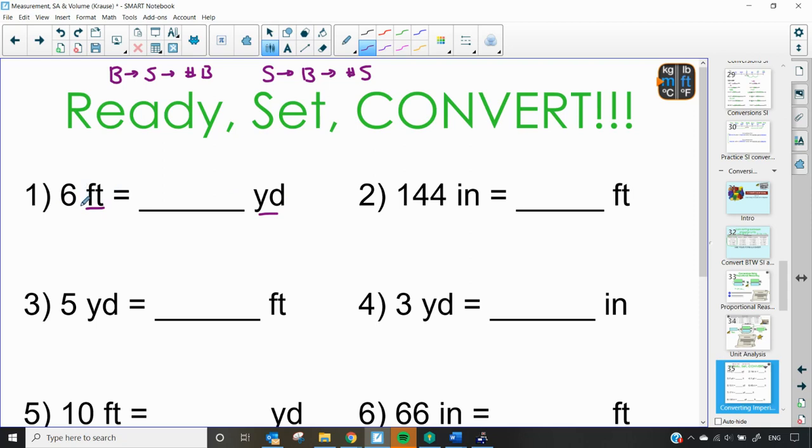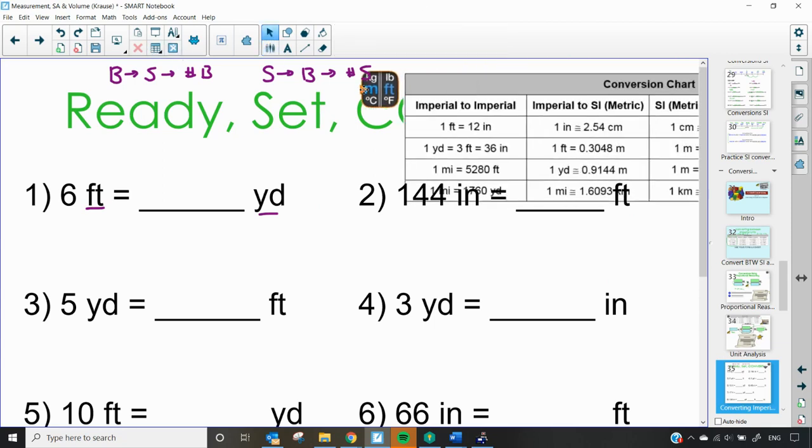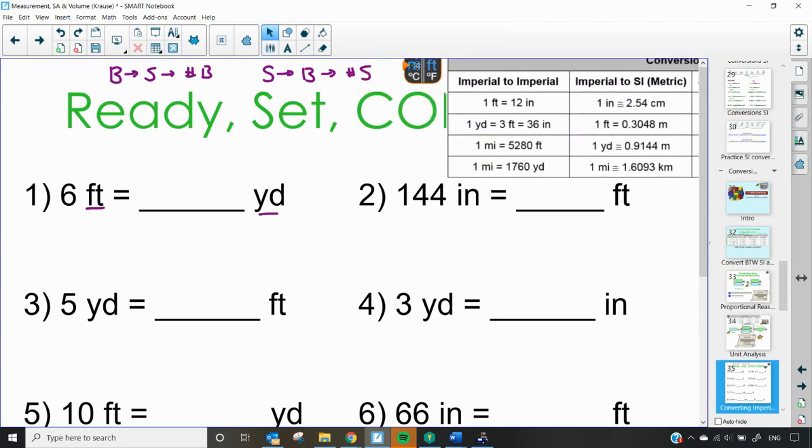So if I'm going from a smaller unit to a bigger unit, my number should get smaller. Looking at my conversion chart, I have 3 feet being equivalent to 1 yard. So 1 yard is 3 feet. So if I want to go from feet to yards, I want my number to get smaller, I'm going to divide by 3. So 6 divided by 3 is 2 yards.